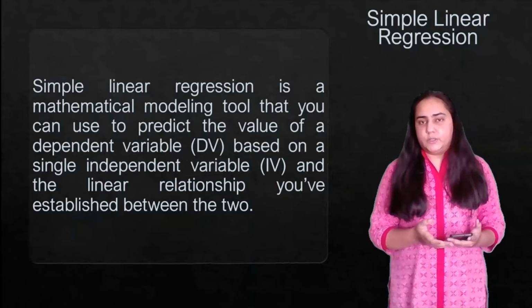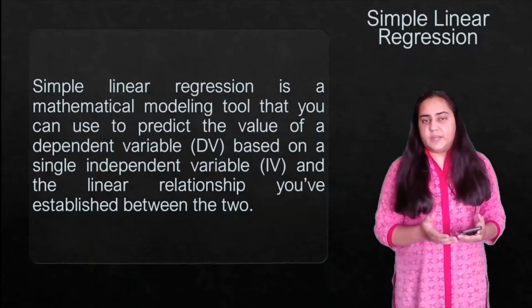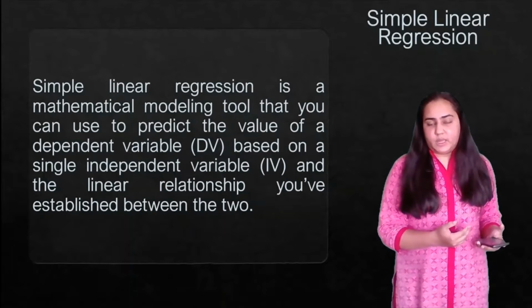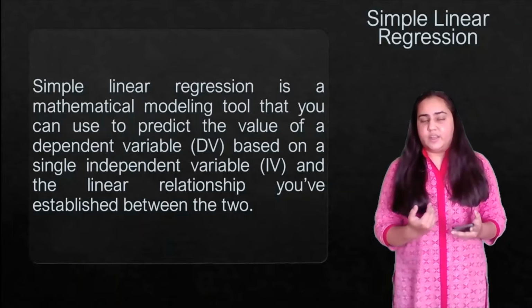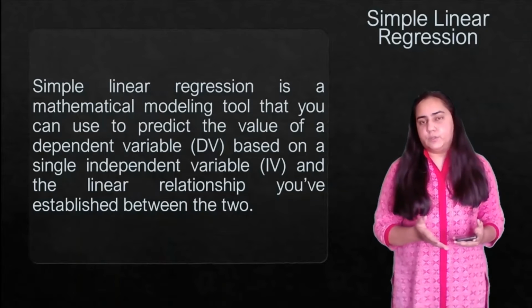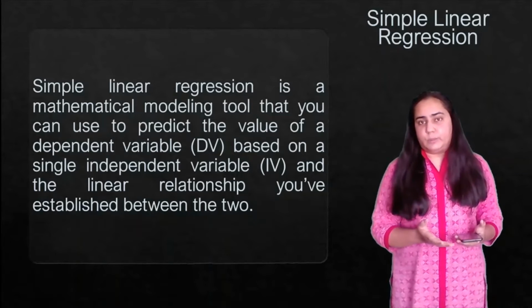So simple linear regression is all about finding out how one dependent variable, that is DV, is related to another independent variable, IV, and trying to find how strong that relationship is.